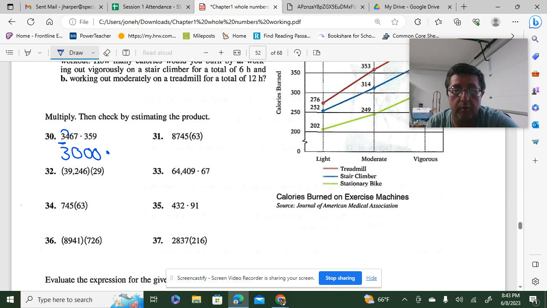Now over here we have 300. So we take the 3 and we look over here and it's a 5. 5 and higher we round up, so that 3 becomes a 4 and everything after it becomes 0. So 3 times 400.